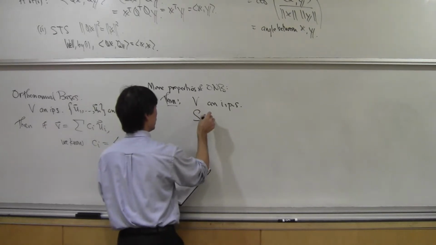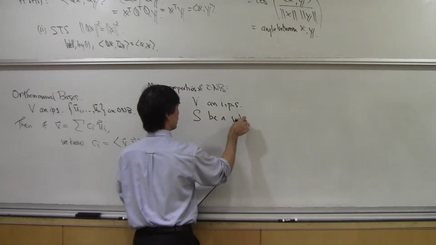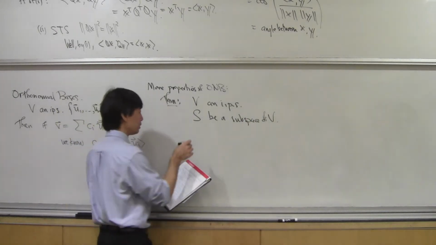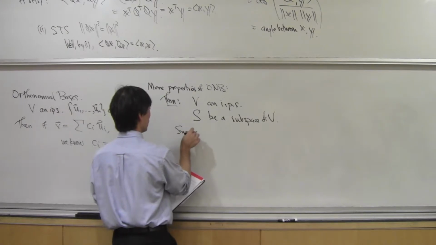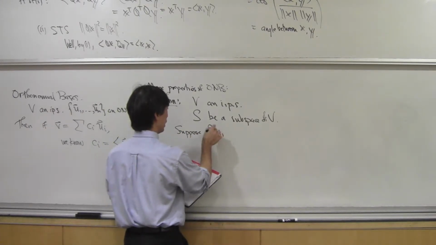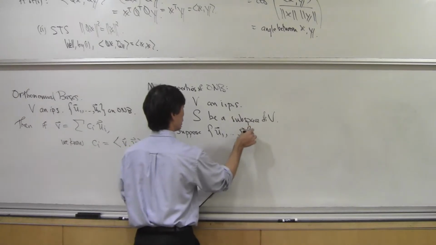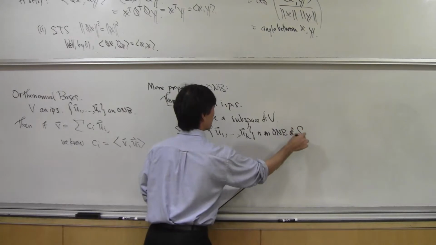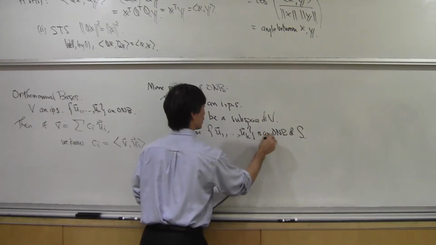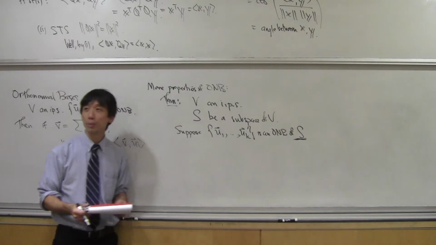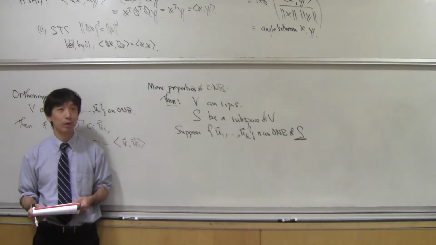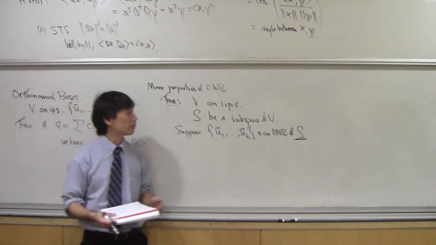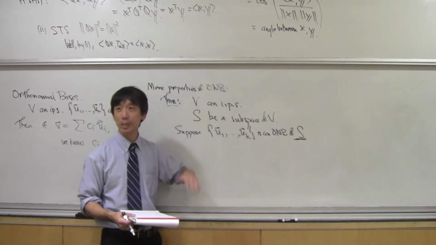Let S be a subspace of V, and suppose that u1 through uk is an orthonormal basis of S. You have an orthonormal basis of S, but you don't have one for all of V. You've got a basis for the subspace, but not for the whole space.